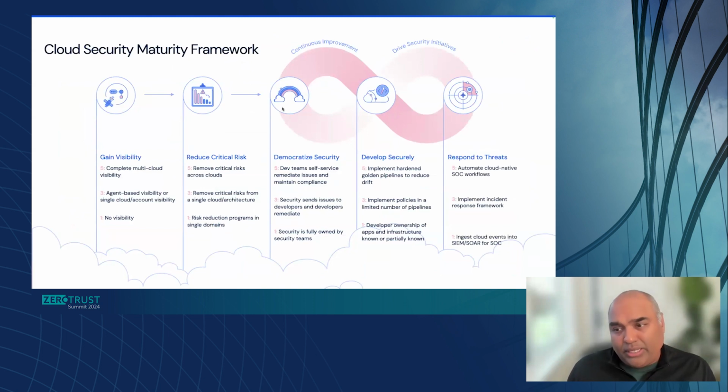The final piece in the journey is responding to threats in real time, providing the right sort of cloud native automation to both investigate and respond to threats, implementing incident response workflows, and ingesting cloud events from different SIEM and source solutions.